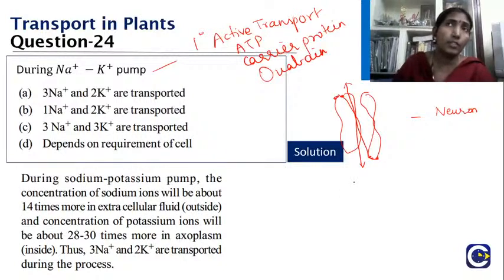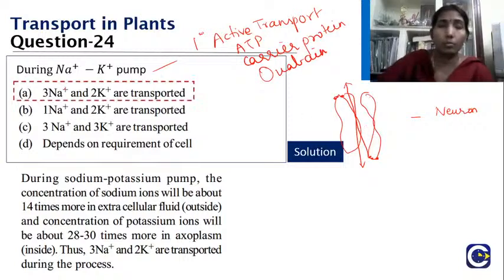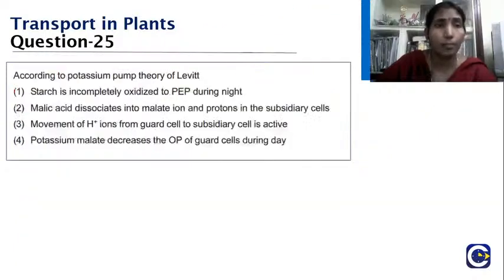That creates an imbalance, because 3 are going out for every 2 entering. So that difference is also created. You have to know this. So the option would be 3 sodium ions and 2 potassium ions are transported.